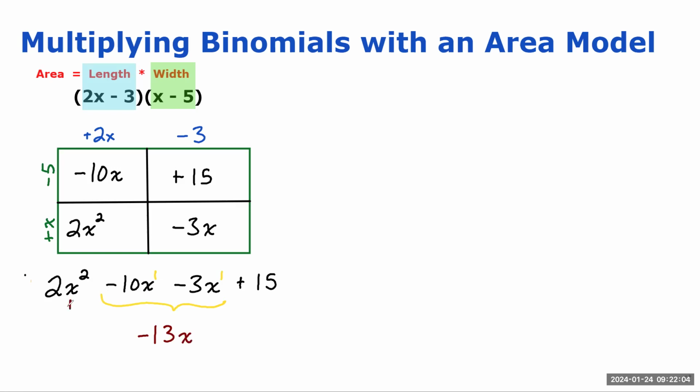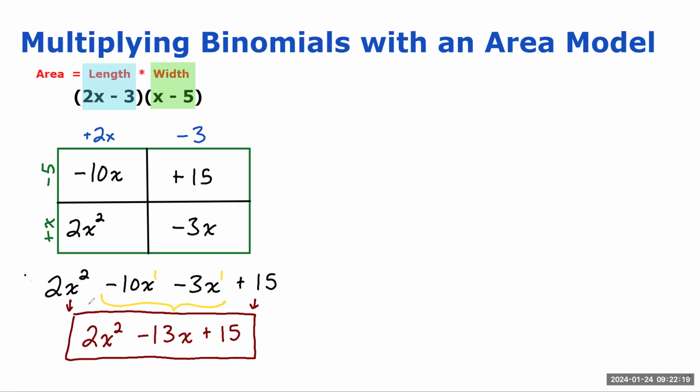And then we'll simply drop our remaining two terms down and create a trinomial that is the product of our original two binomials. So the area model uses the area of a rectangle to demonstrate what we're doing when we multiply our two binomials together.